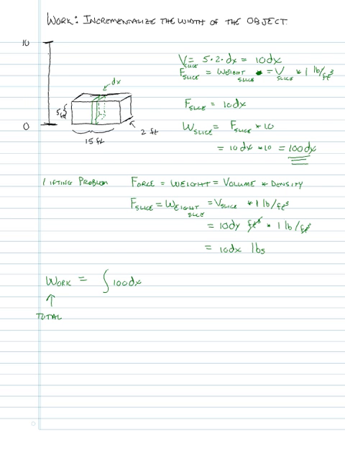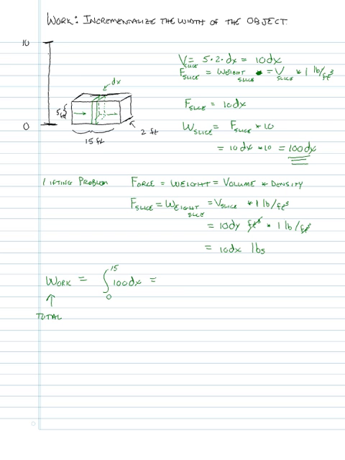Well, what are we going to do? We're going to start these slices over here at the left edge of this box or object, and we're going to move those slices all the way across to the right edge. Well, we'll assume the left edge is at the 0 level, and the right edge, since this object is 15 feet wide, we will integrate from 0 to 15. And of course, then we get what?